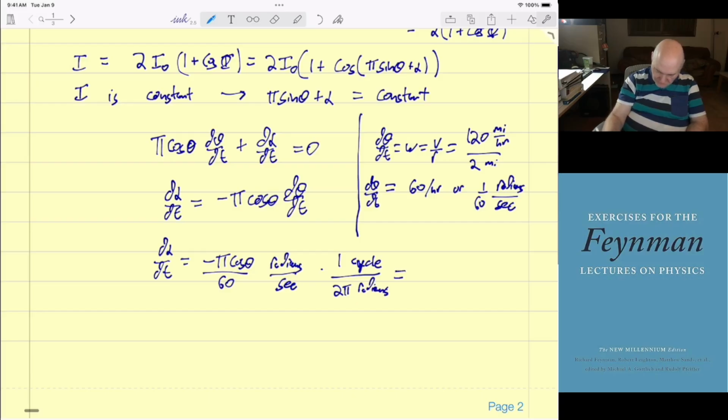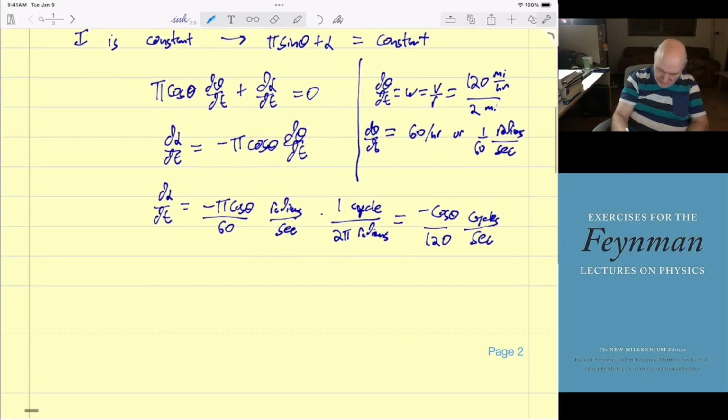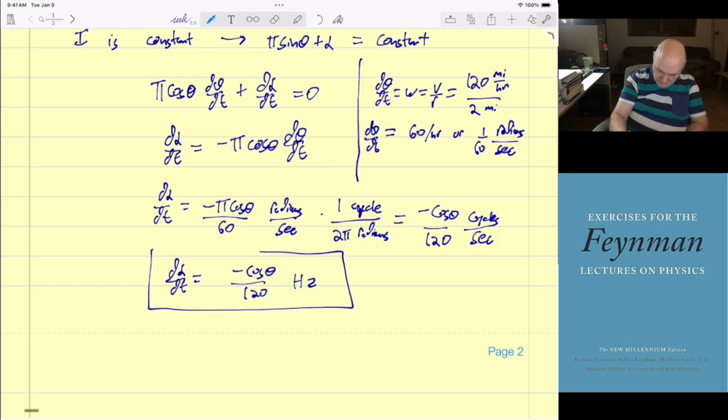So this is equal to minus cosine theta over 120 cycles per second. And so finally we have d alpha dt is equal to minus cosine theta over 120 hertz. And that's our answer. So that's a cute little problem.